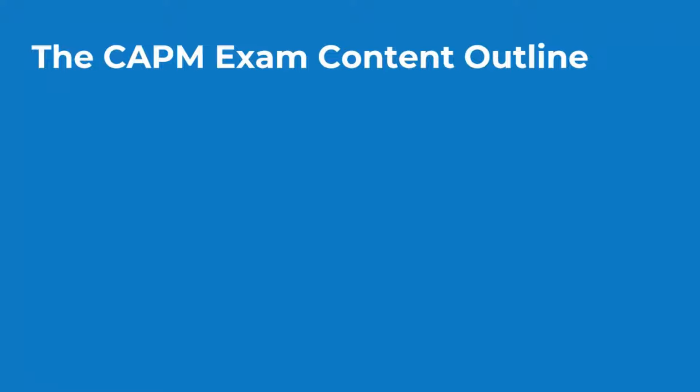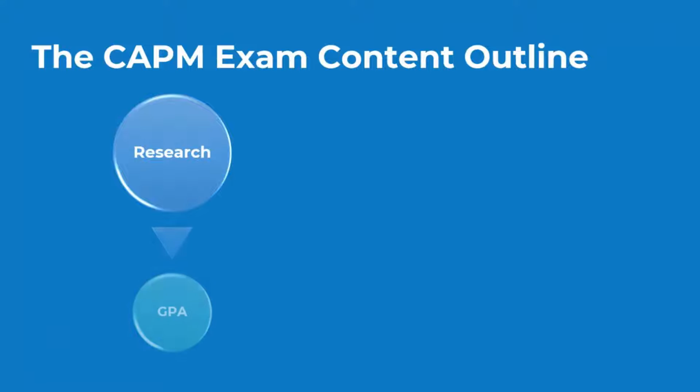Here is how PMI made that update from 2018 to 2023. It all started with PMI doing extensive market research and then conducting what they call a global practice analysis, GPA. Basically, the GPA looks at what a CAPM actually does, and based on that, they identified a number of new trends in the profession that were missing from the old CAPM exam.